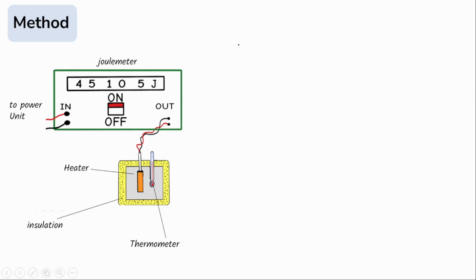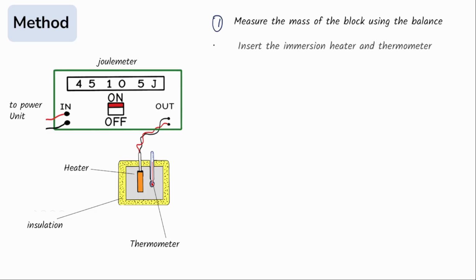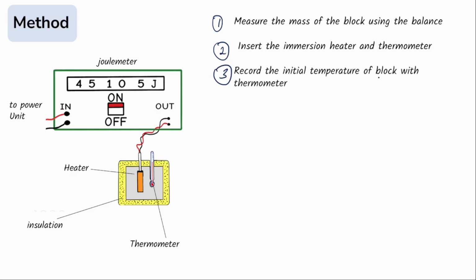We can now write a detailed method for the experiment. Number 1, measure the mass of the block using the balance. Number 2, insert the immersion heater and thermometer. 3, record the initial temperature of the block with the thermometer.